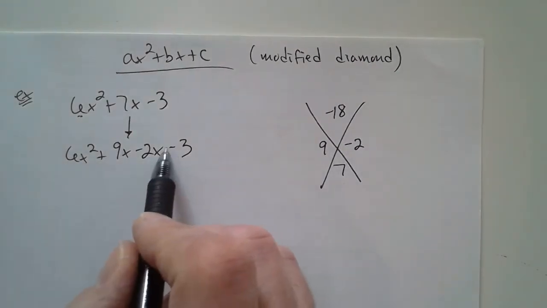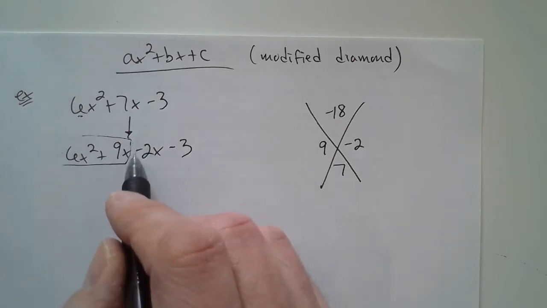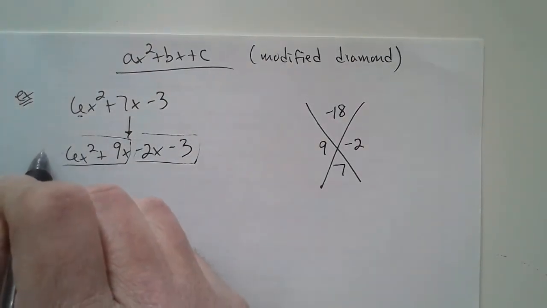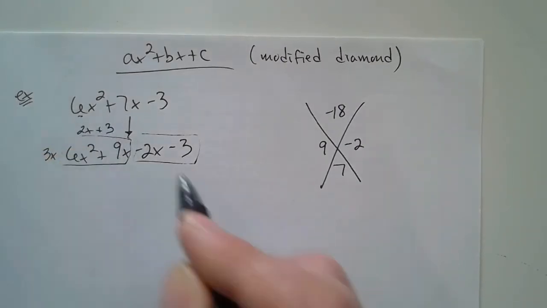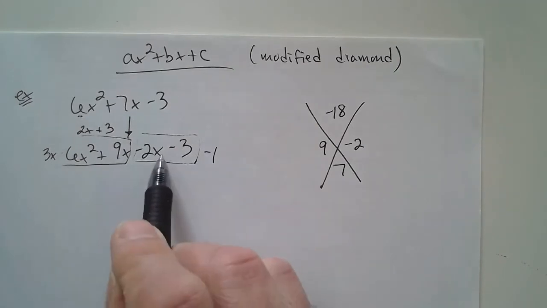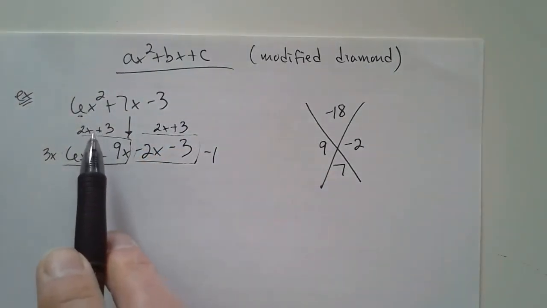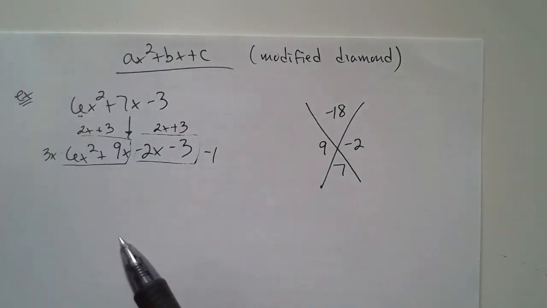So it's 2 different greatest common factor, 2 different box problems. If I can take something out of here, it would be 3x, and I'd be left with 2x plus 3. And I could take a negative 1 out here, and it'd be 2x plus 3. If we do it right, these 2x plus 3 and 2x plus 3, those binomials should be the same, which they are.